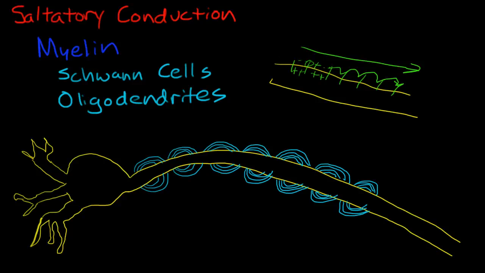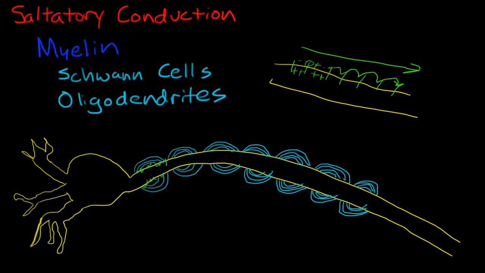Now, what happens with saltatory conduction is there is no way for ions to be exchanged because of the myelin sheaths. So there are no sodium channels, and even if there were, the sodium couldn't get into these parts of the cell.